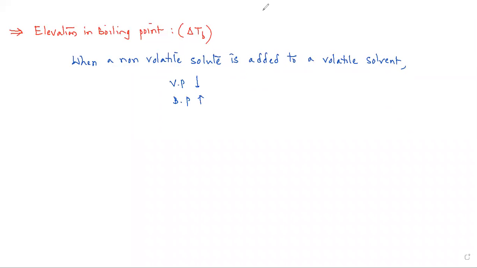The vapor pressure of the pure solvent, P naught, is greater than the vapor pressure of the solution. In case of boiling point, T, the boiling point of the solution, is greater than TB, the boiling point of the pure solvent, exactly opposite.